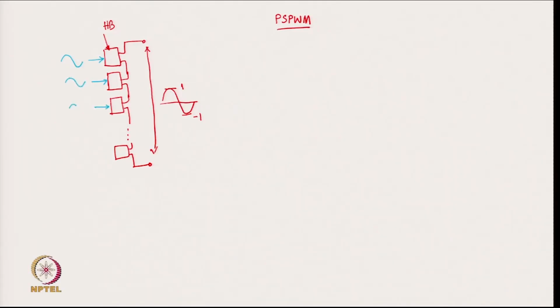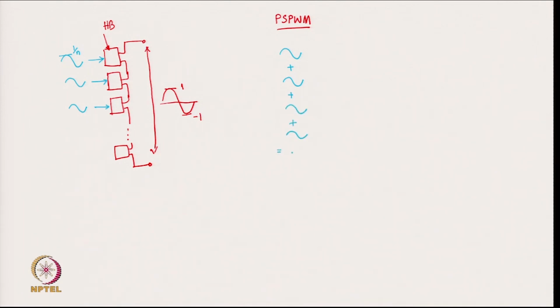All of them are identical, but each having 1/n times the amplitude of the big sine wave, where n is the number of H-bridges. So, that means each H-bridge is as if taking up the responsibility of producing 1/n. So, we have the output of the first H-bridge as this one, the second one is identical to it, the third one is identical to it, and the fourth one is identical to it, like that.